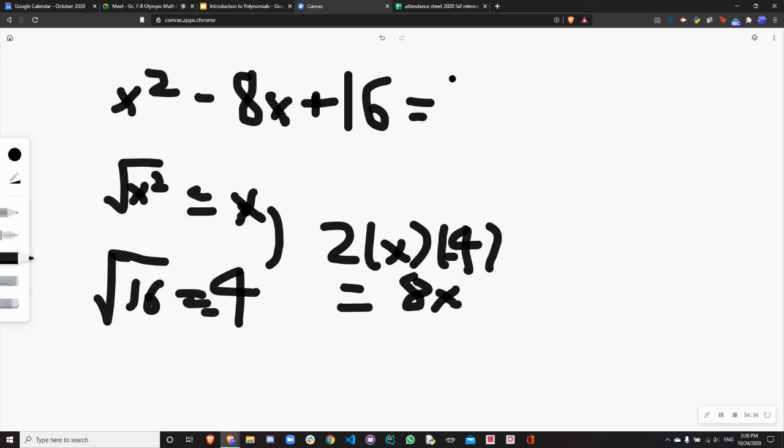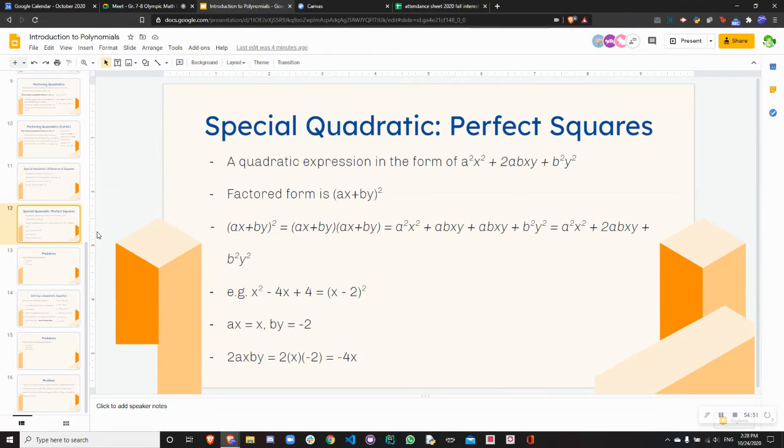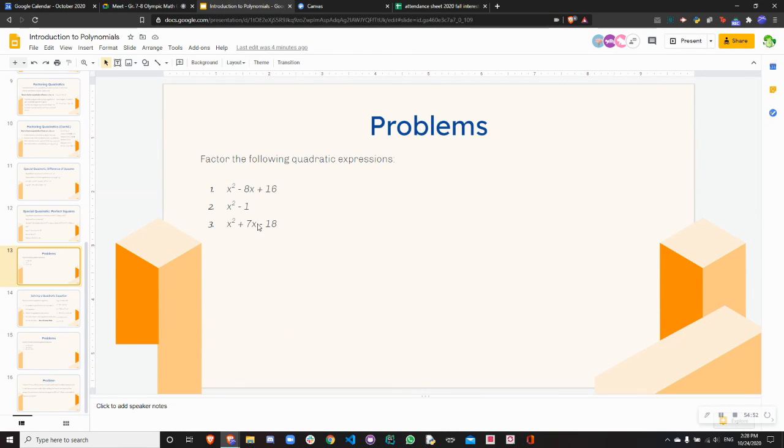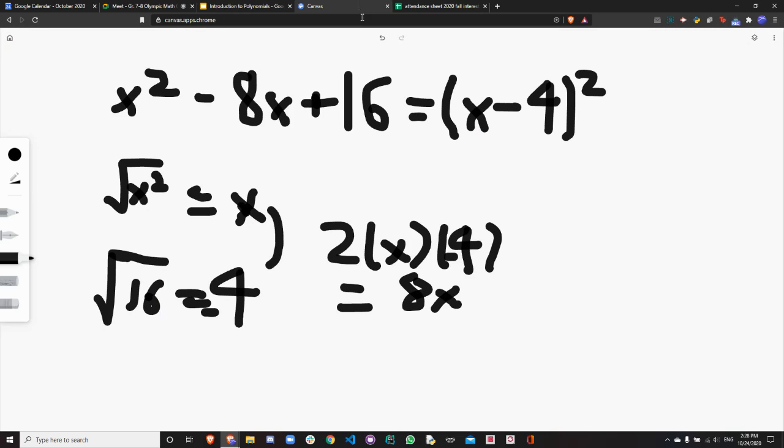That means we have (x minus 4) squared in brackets. So that's how you factor this perfect square: x squared minus 8x plus 16 is equal to (x minus 4) squared. Let's go back to the problems. Okay, question 2: x squared minus 1.